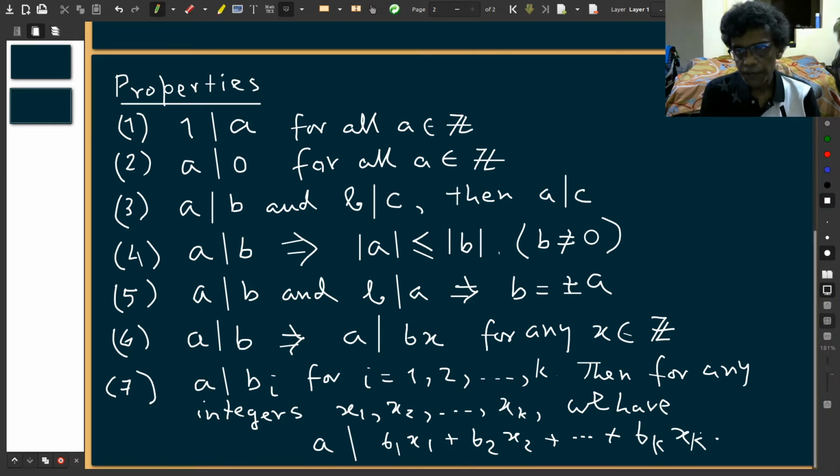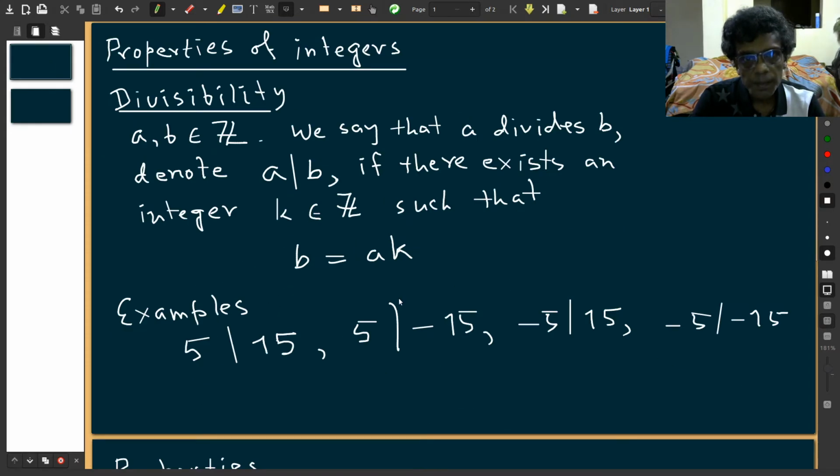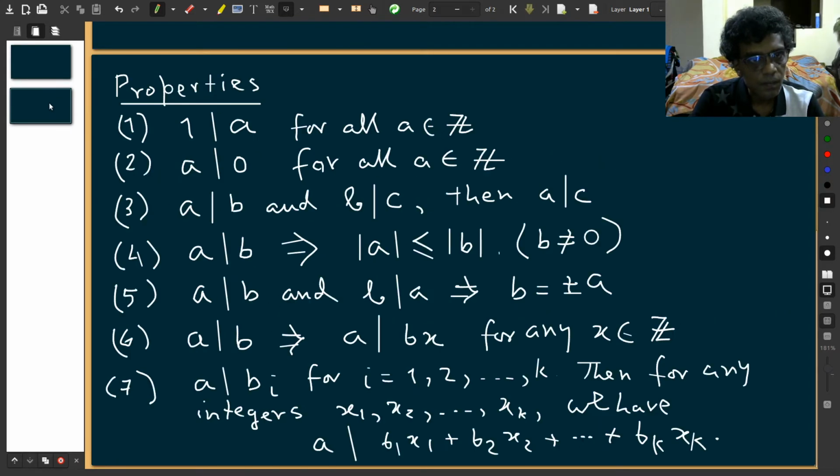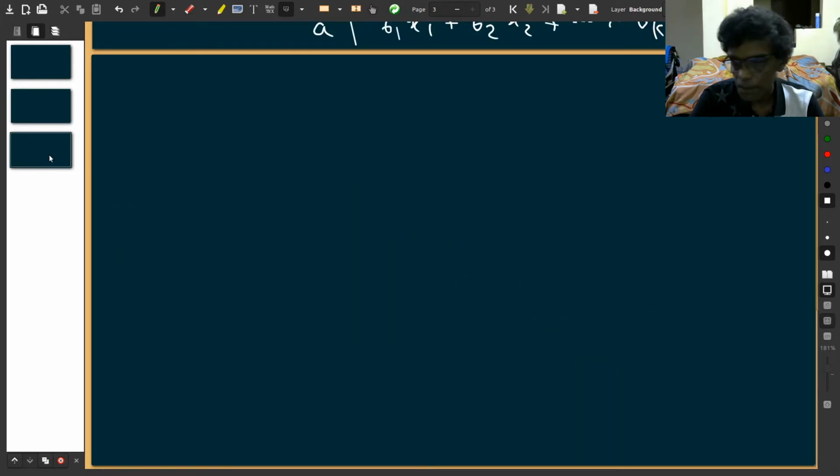Okay, so I'll leave the proofs of these assertions to you as simple exercises. All the proofs follow simply from the definition.